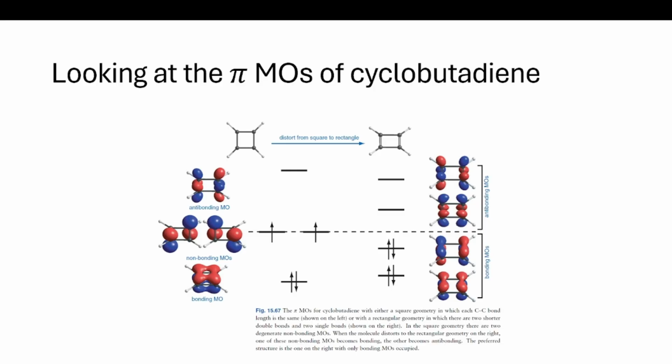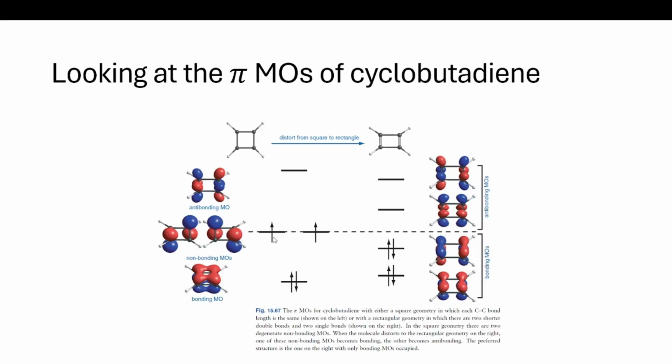Unfortunately, it's not going to look good for this other compound known as cyclobutadiene. If you look at its square geometry, that one pair of degenerate molecular orbitals is going to be non-bonding, and according to Hund's rule, you have to line these electrons up, spin up.